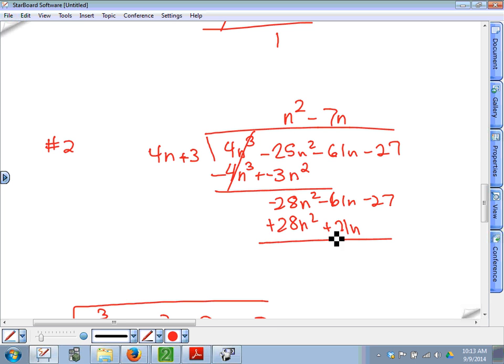Draw the line, switch the signs. So the 28n squareds are gone. Negative 61n plus 21n is negative 40n. And then you drop down that minus 27.